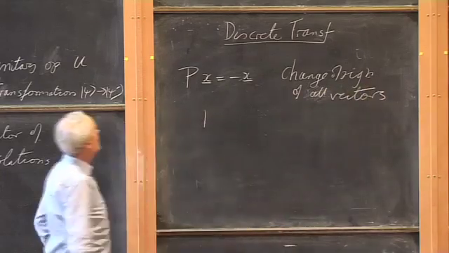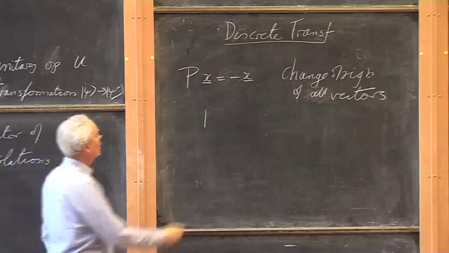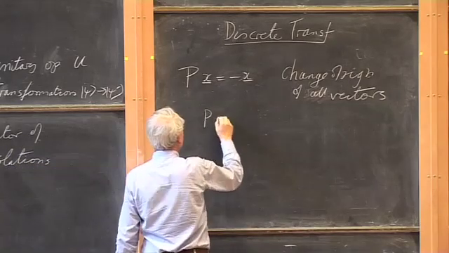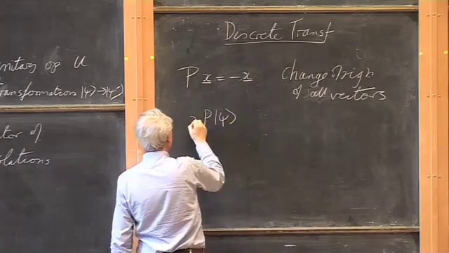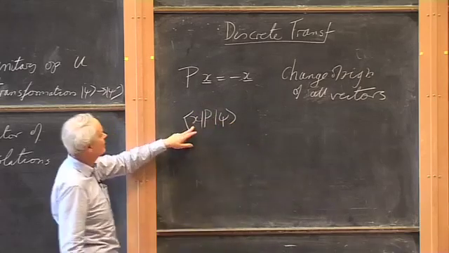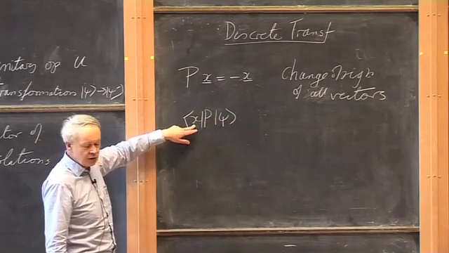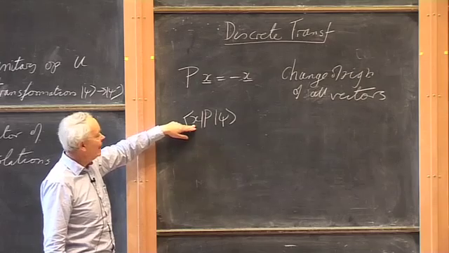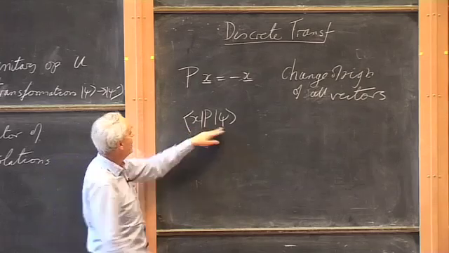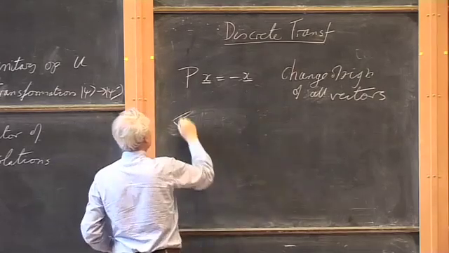Okay. We want a quantum analog, and the quantum analog is this. I'm going to define it thus. What's this? This is the amplitude to be at x if you're in the state of psi primed. I should have written this separately.